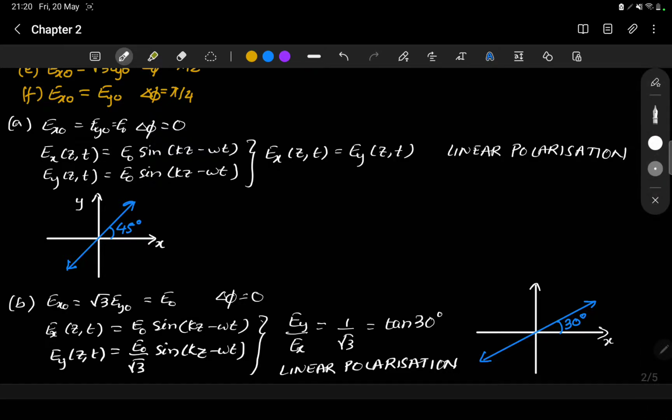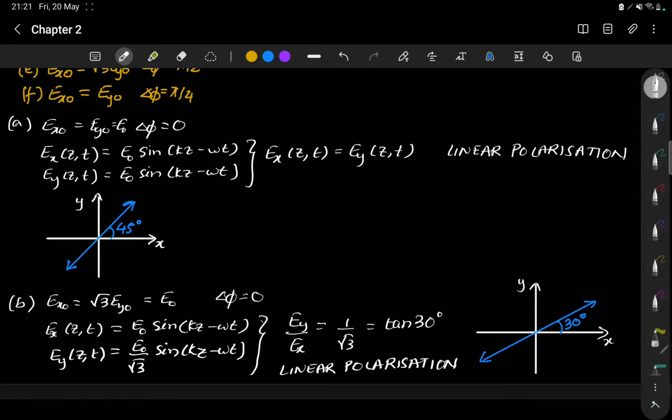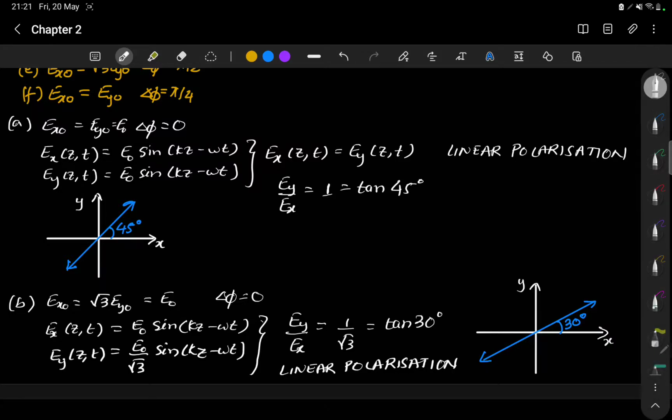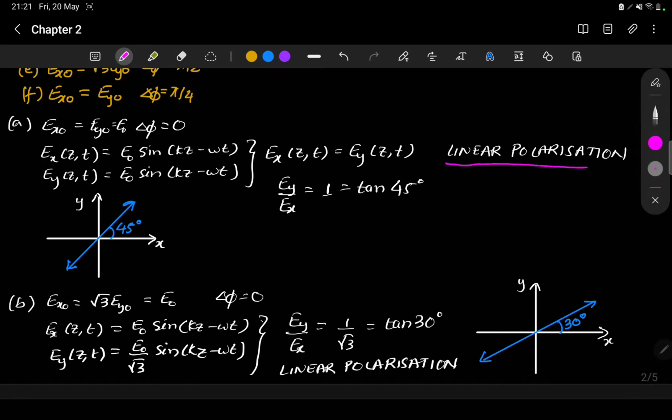This is the x-axis, this is the y-axis. So both parts A and B correspond to linear polarization, but part A is linear polarization at 45 degrees from the x-axis, and part B is linear polarization at 30 degrees from the x-axis. In part A, Ey over Ex is equal to 1, which is equal to tan 45 degrees.